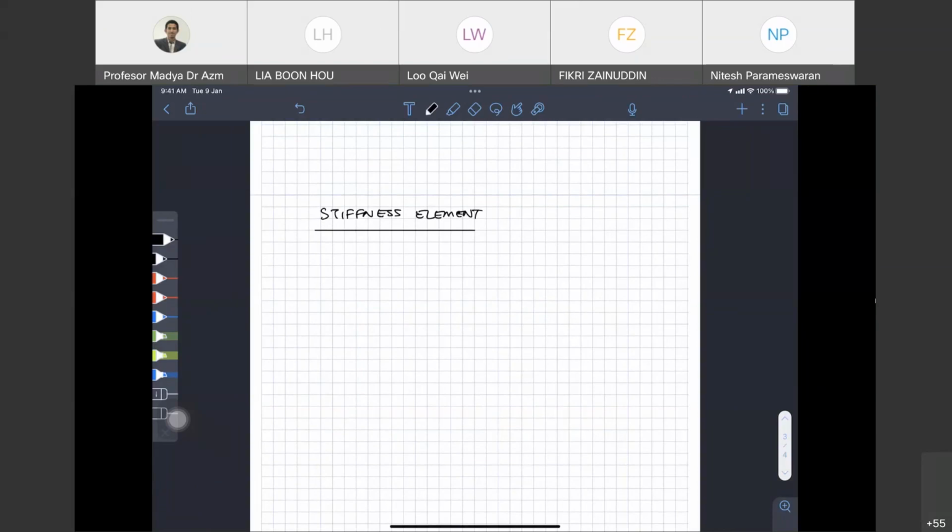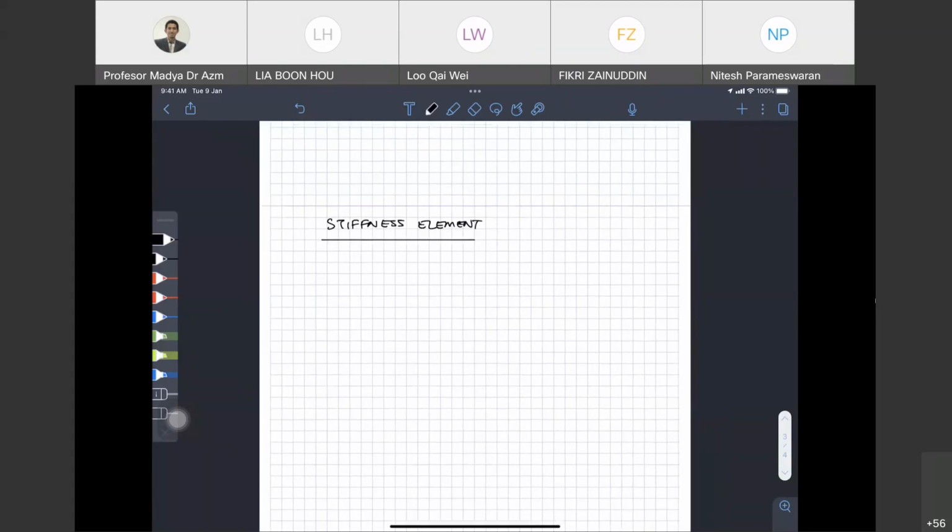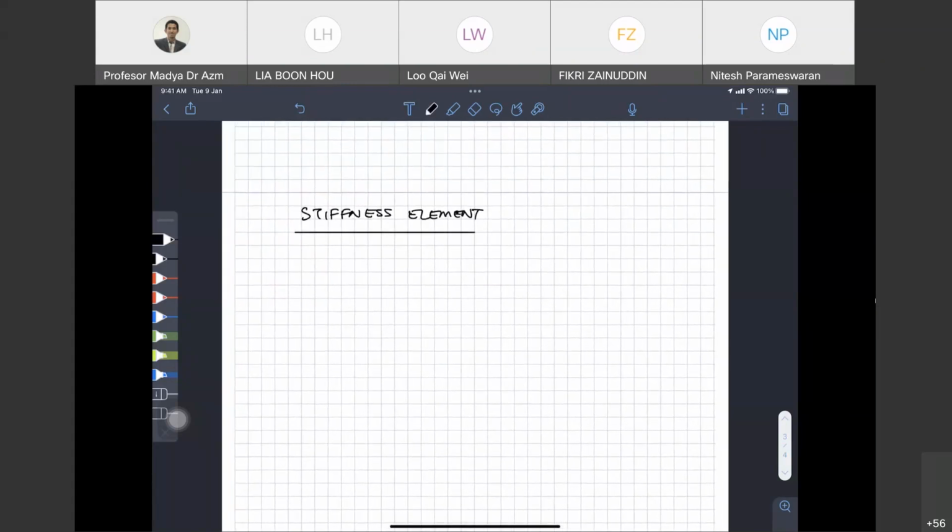Okay, so stiffness element. The idea is you have to determine what is the stiffness, or we call it stiffness constant. Equivalent stiffness constant, equivalent mass constant, and equivalent damping constant. So this is basically the main idea in the next section.